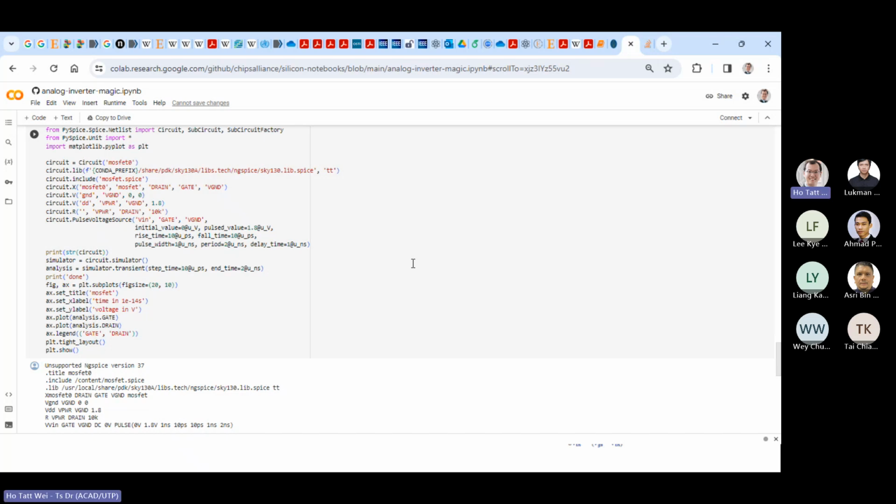One thing, Lukman, you also have to be careful to check. The inverter is actually driving 4 inverters, so it's a fan-out-of-4 delay. Whereas if you do the MOSFET alone, that inverter is not driving any load except its own junction capacitance. So the capacitance is largely different.